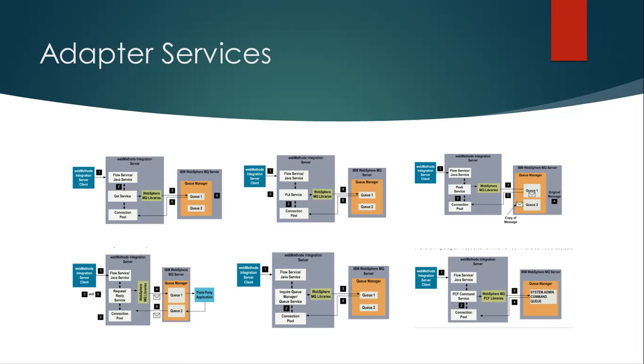We'll be using the get adapter service template, and that uses the connection pool to get the connection and perform the required operations. It uses the values from the input signature, and you can pass those details inside the MQMD header in the adapter service input signature.